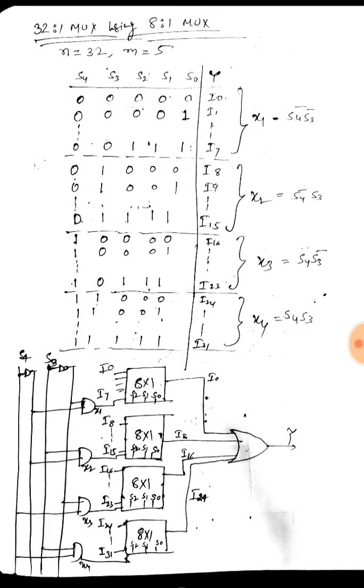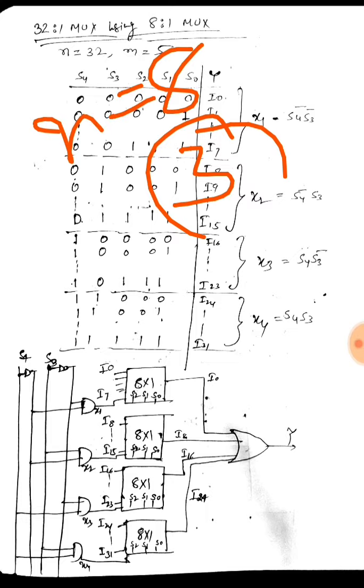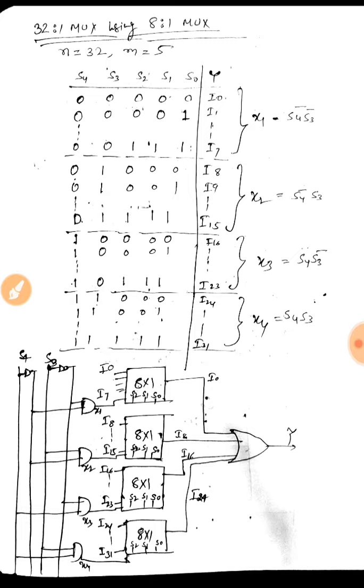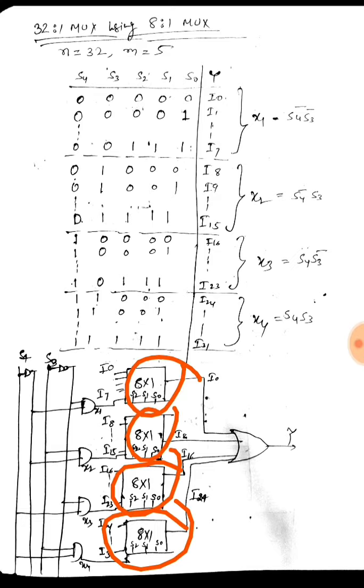Similarly, you can make the 8:1 mux, in which we would be using 3 select lines. If n is equal to 8, m would be equal to 3. In this example I am implementing a 32:1 mux using 8:1 mux. I would require four 8:1 mux to represent a 32:1 mux.